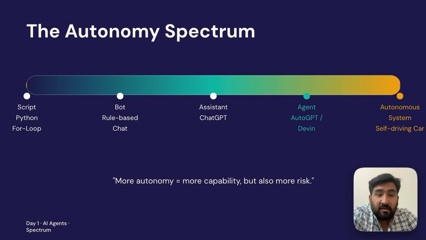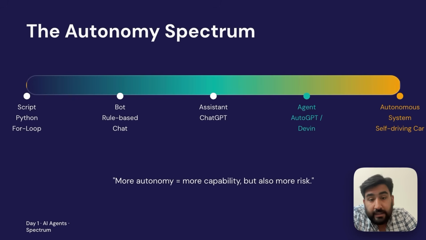It still follows some handwritten rules. Keep moving towards the right and you will get an assistant, something like ChatGPT or Claude or Gemini, answering your questions. It is flexible and understands natural language, but it is still waiting for you to give the next prompt.